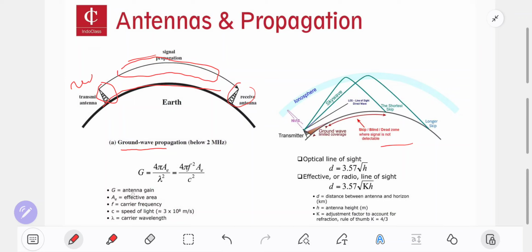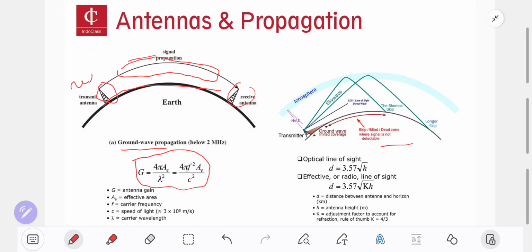I also show you about the gain of antenna, and this is the formula for gain of antenna. Antenna gain means the power of the antenna to focus radiation energy in one direction.